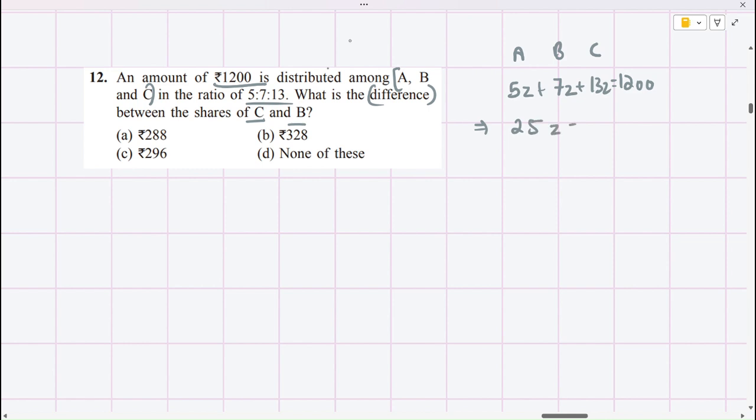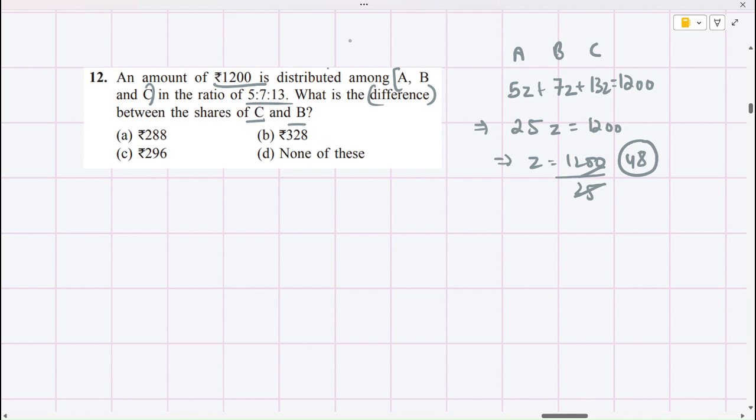Then we have z will be equal to 1200. So z will be equal to 1200 divided by 25. So first it will go by 4 and then by 8, right? 100 and then we have 200. So 48 will come, which means the value of z is equal to 48.